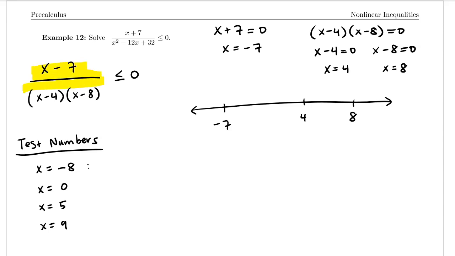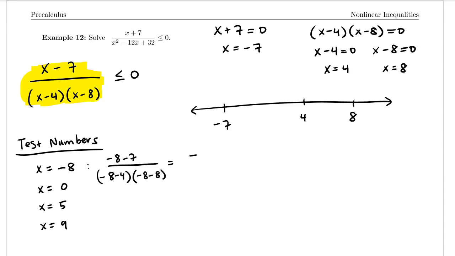So I have x plus 7 over x minus 4 times x minus 8. So in my numerator, I would have -8 plus 7 over -8 minus 4 times -8 minus 8. And something to remember is, ultimately, we don't care about what the numerical value is. We really only care what the sign of our final answer is here.